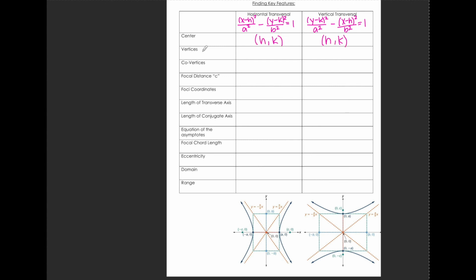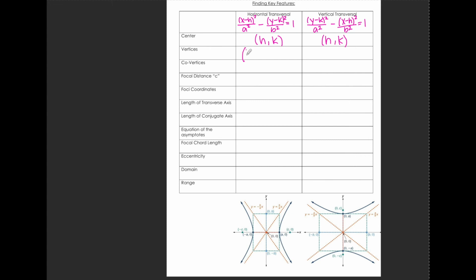In both of these instances, I find the center in the same way, and that center is hk. The vertices are going to come from counting units or counting boxes using that a distance. So if I look at a horizontal hyperbola, if I start at the center and go a units to the right and a units to the left, that's going to give me the equation of my vertices.